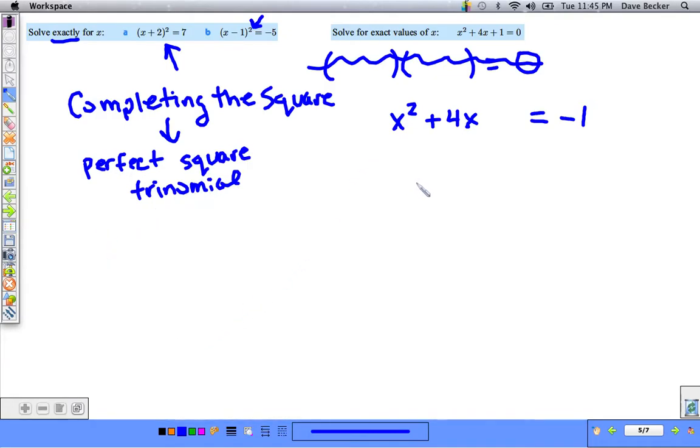In order to make this left side a perfect square trinomial, don't worry about the right side for now, I take 1/2 of the coefficient of the x term and square it.